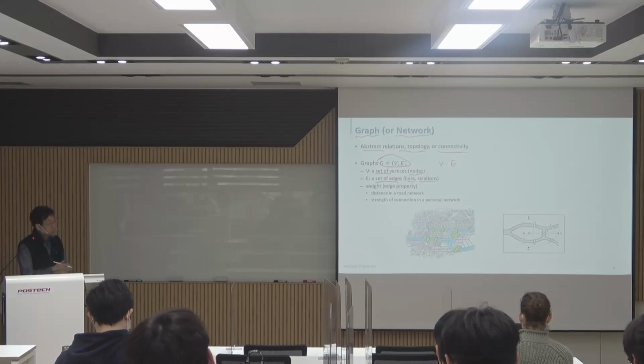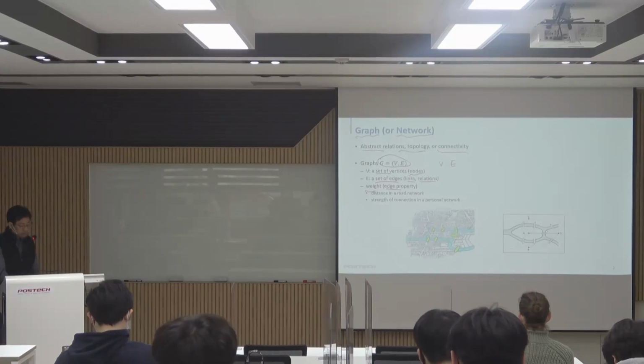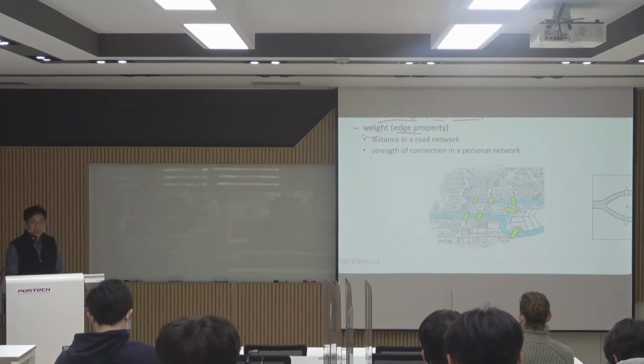And sometimes we need to define weights, which are related to the edge properties. I guess this is a famous example; you're going to see this kind of picture whenever you see graphs.